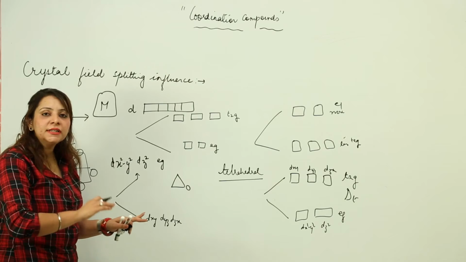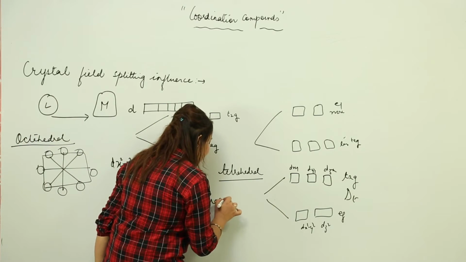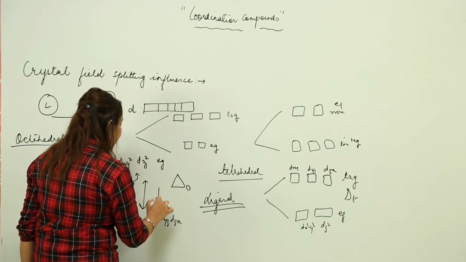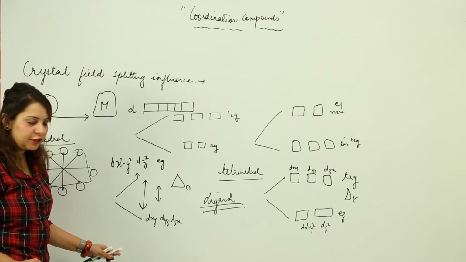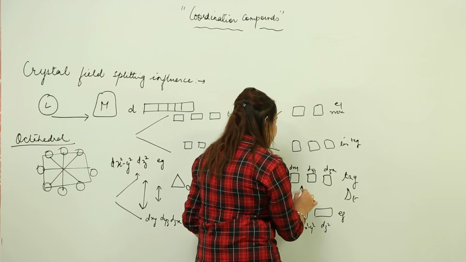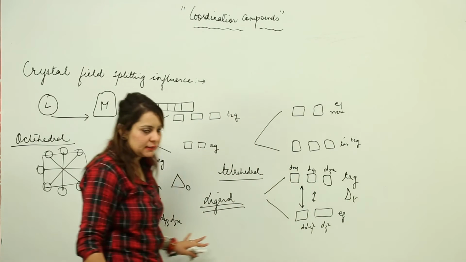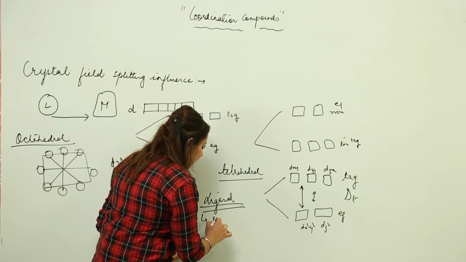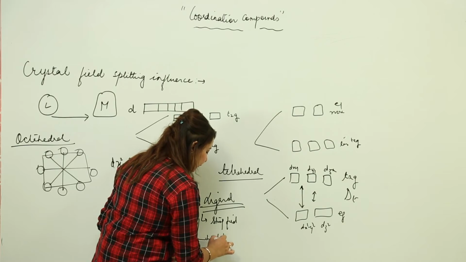So this is going to be the same every time, but depending upon which ligand actually enters, the splitting can be more or less. That means there can be a strong difference of energy or a weak difference of energy. Likewise, it can happen in this case: there is a chance that they have more energy gap or less energy gap, and it merely depends upon whether the ligand is a strong field ligand or a weak field ligand.